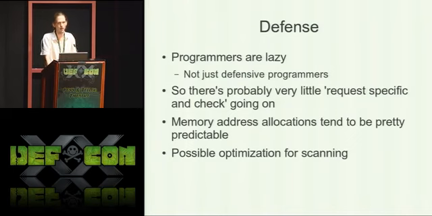Most of them just request that you allocate a certain size, and you get contiguous pages in memory, and the base of those pages tends to be pretty sequential. So if you wanted to optimize your scanning for where reflectively injected DLLs might be, one way, from a defensive perspective, would be to intentionally insert yourself into another process and see where the allocation happens, and then work backwards from there, so that you're not trying to scan all of memory all the time. Just a possible optimization.